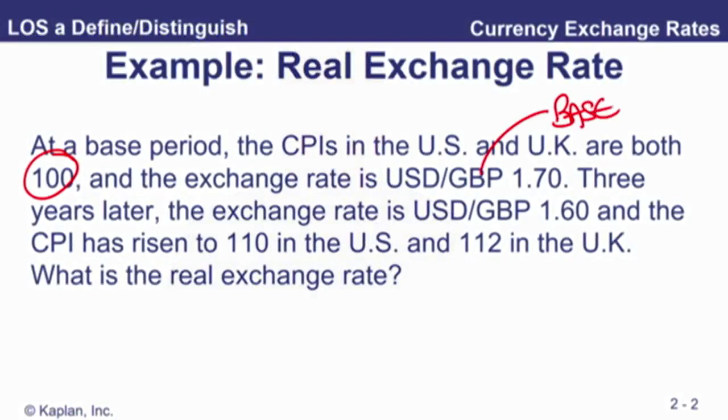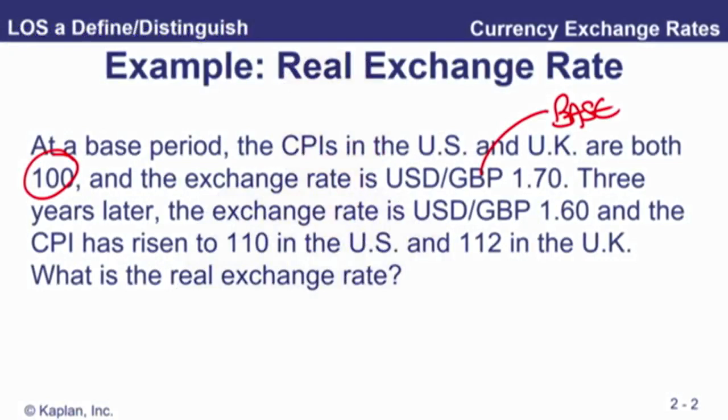Whenever I'm given an exchange rate, I'm going to label the base. So USD/GBP, GBP is the base. It's 1.7. That means 1.7 USD per GBP. Now, that's just given us the exchange rate. That means it's the nominal. But if our CPIs are also equal, it's also the real. Real is equal to nominal at 1.70.